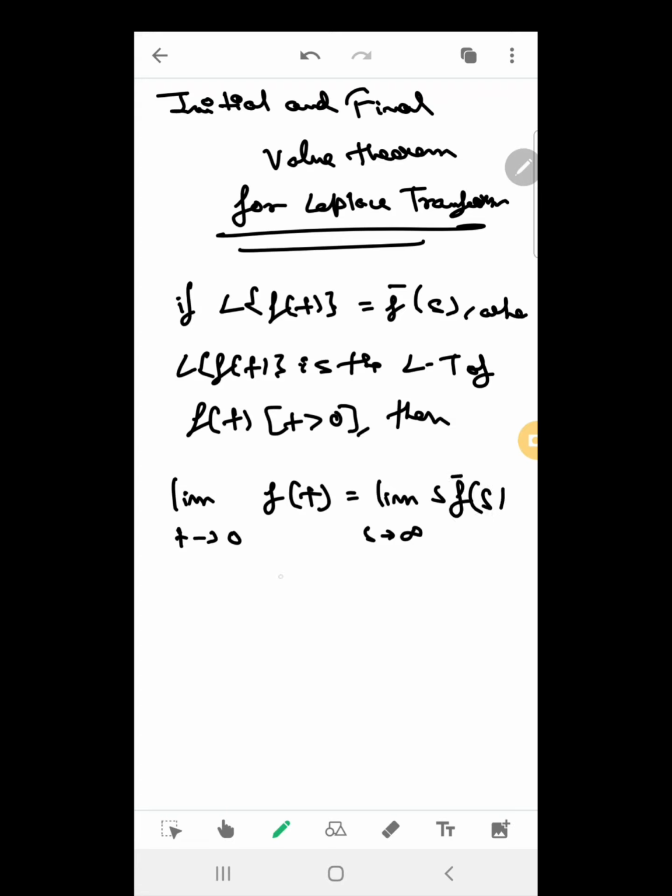Got it? Clear? This is called the initial value theorem.